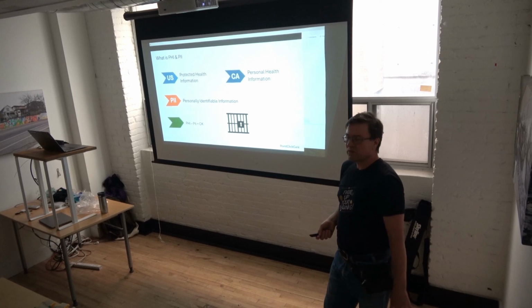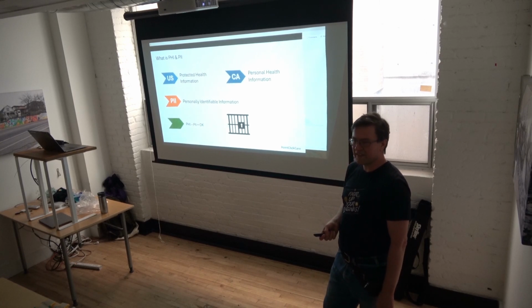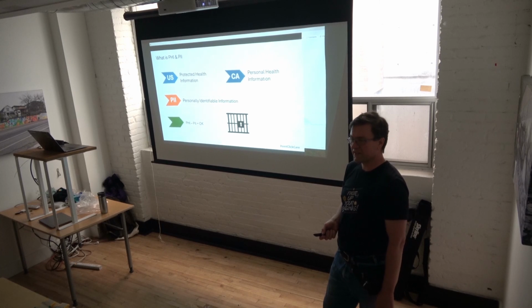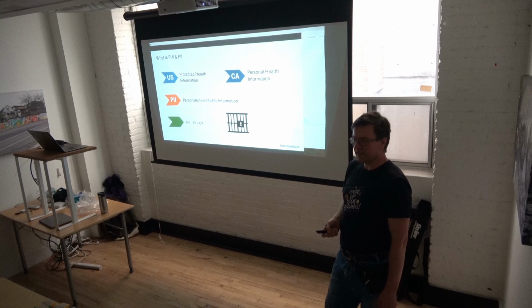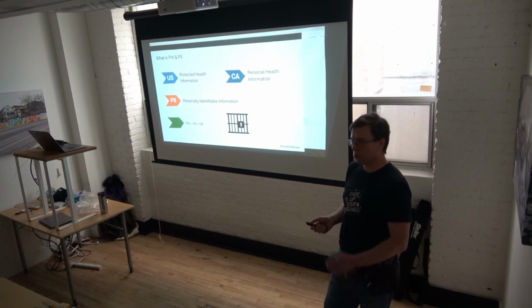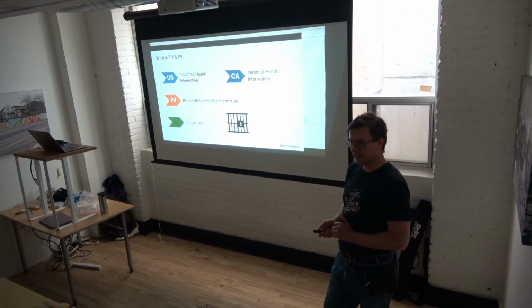That's why in 1997, the HIPAA Act was set by the US government to protect what they call protected health information in the US, or personal health information in Canada. And it has very strict rules on how it should be protected.